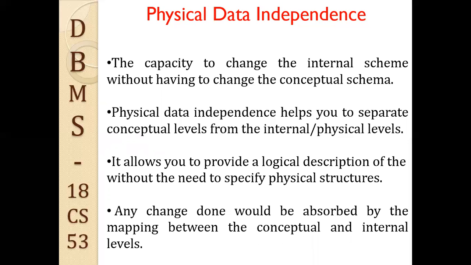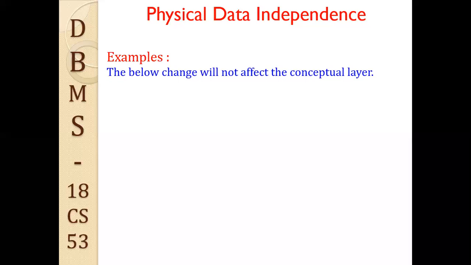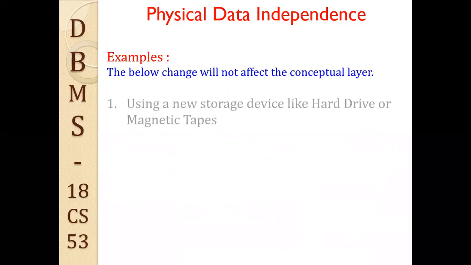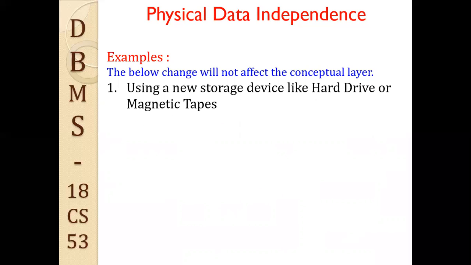So what are the different types of changes we can make at the internal level? Let me see an example. In the internal level, assume that you have changed the storage device.